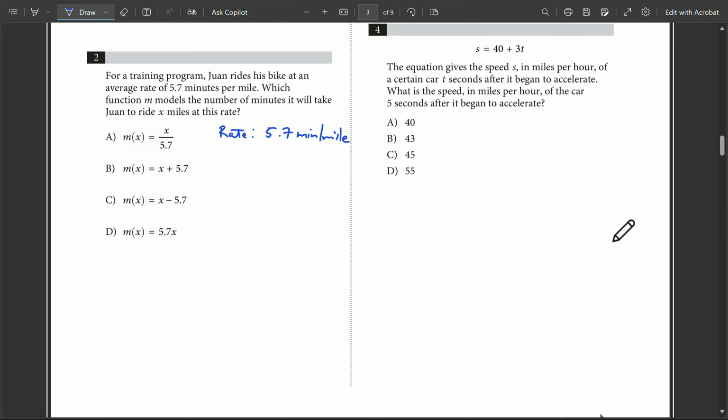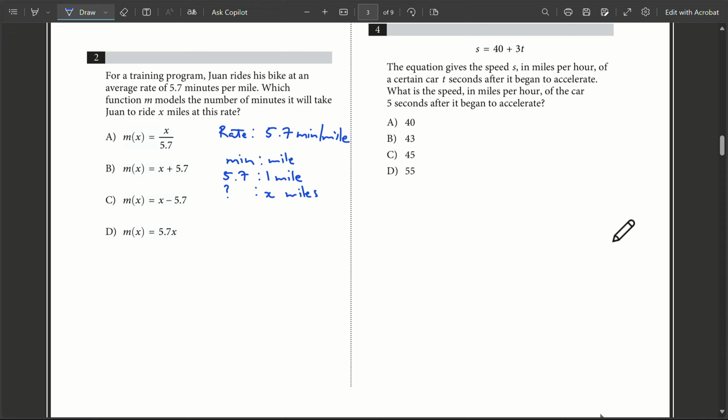And then for him to ride X miles, we want to find out the number of minutes. Okay, so the rate that we have is minute per mile, and we have 5.7 is equivalent to 1 mile. Now we want to find out for X miles, what is going to be the time.